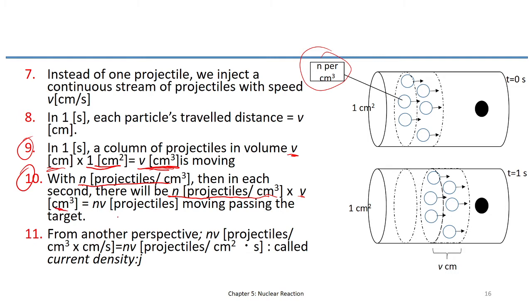Because n is projectile per cubic centimeter and v is in cubic centimeter, those two cancel, so you end up with the multiplication nv, but in the unit of only projectiles.